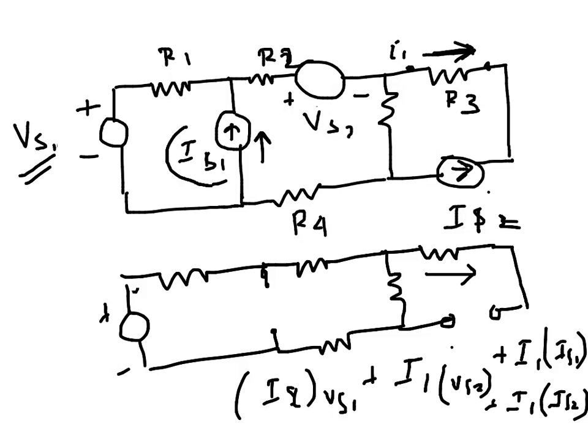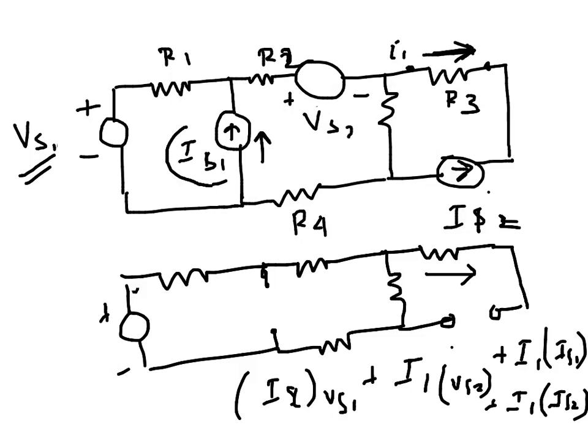So we calculate the current through that branch for each of the active devices while making the other active devices inactive, and then we add all of them. That is what the principle of superposition says. We will do an example maybe later, but that's the theory.